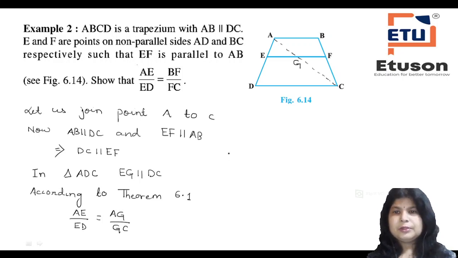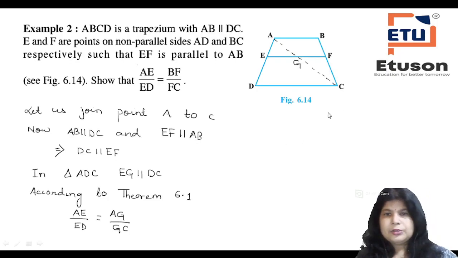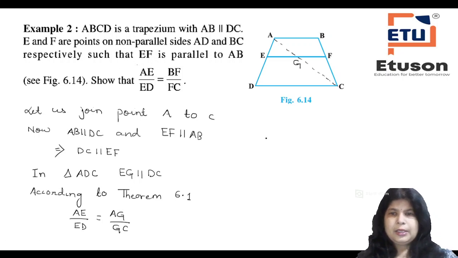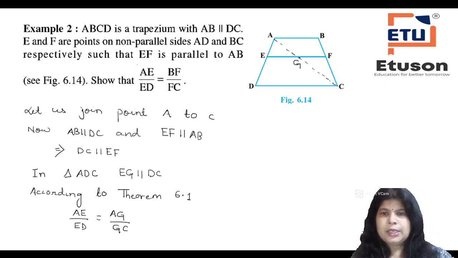So now let us observe the other triangle, that is BAC. In triangle BAC, now GF is parallel to AB, right?